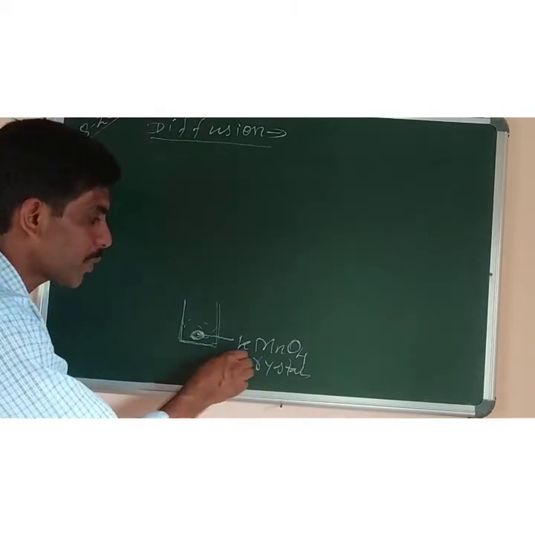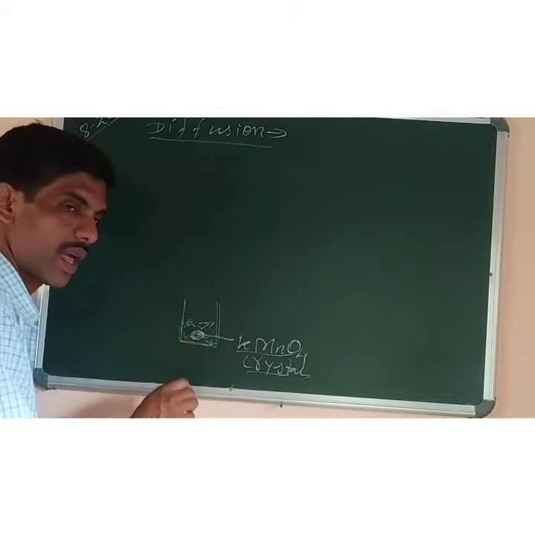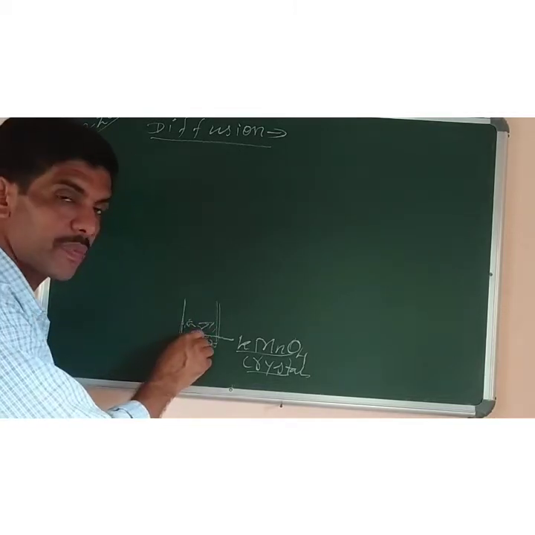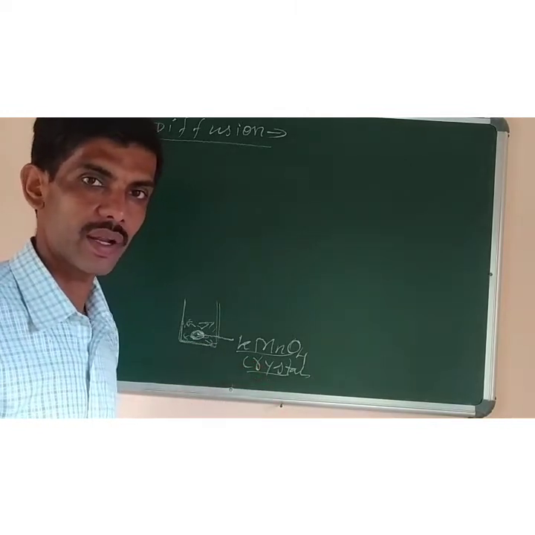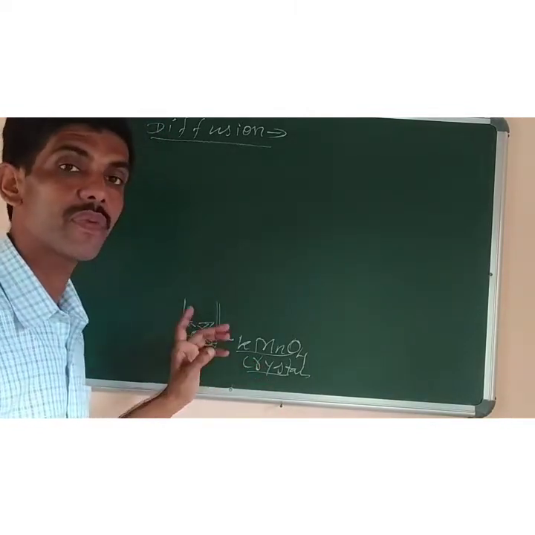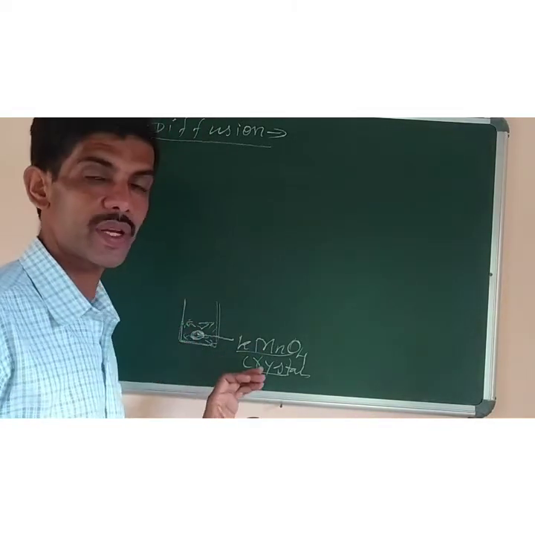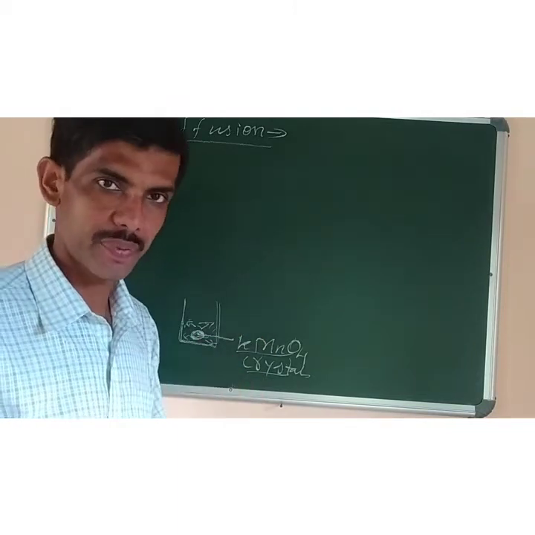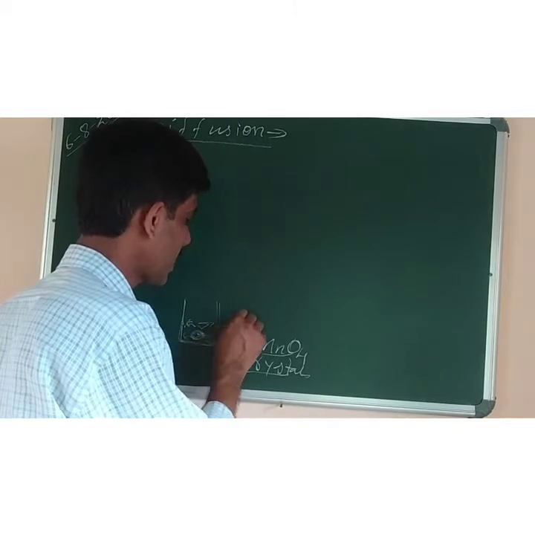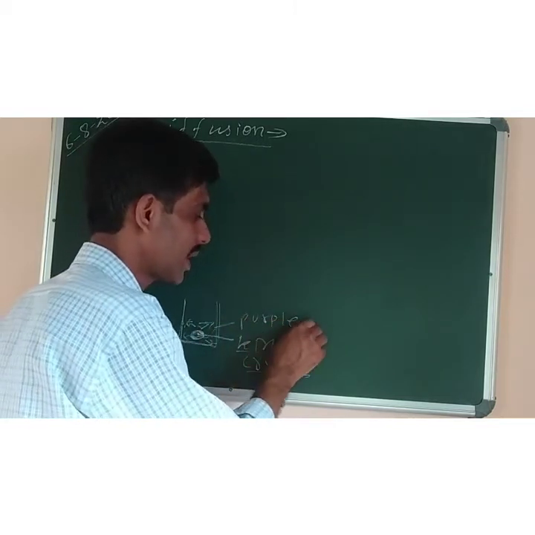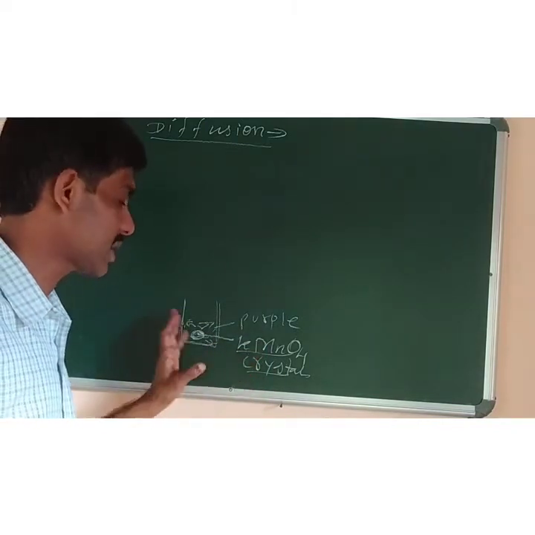Because the molecules of potassium permanganate will diffuse everywhere in the surrounding water, and the entire crystals will completely dissolve in that water. So this is one example or experiment to show the process of diffusion. The color will change to purple. After some time you will find that purple color of water. It came due to the dissolving of potassium permanganate crystals in that water.